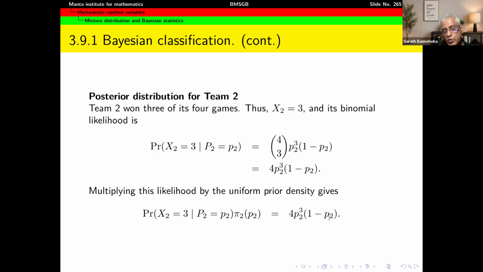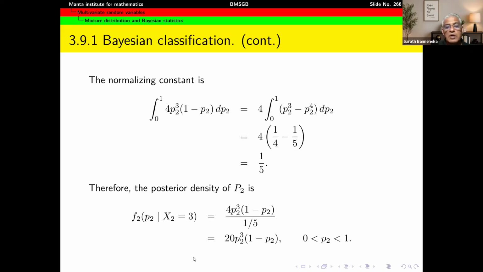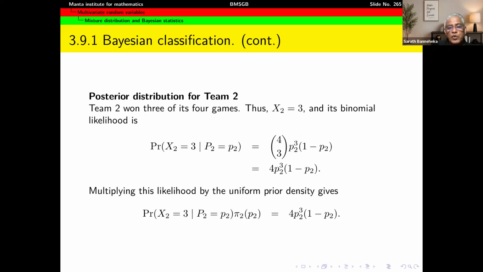Now, when you compare this with the usual beta distribution, you will see that again, this is a beta distribution, after normalizing, of course, right? You have to calculate the normalizing constant. Otherwise, it's not a density function, but the form is the form of the beta distribution. So even if you don't know the exact beta distribution, once you identify the form of the density function, you will be able to guess the normalizing constant because it has to be a proper density, right?